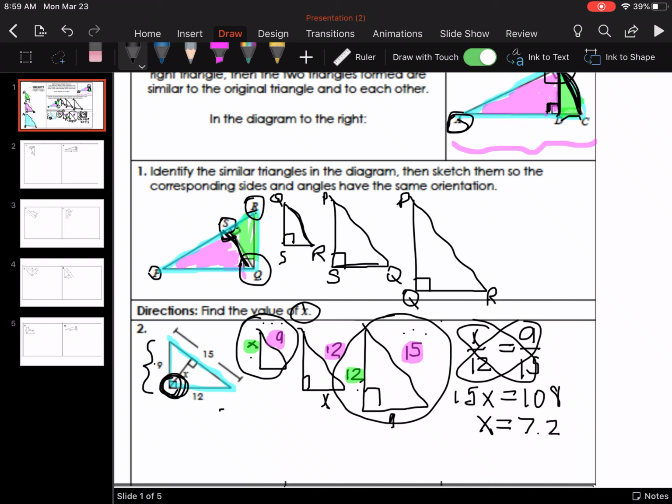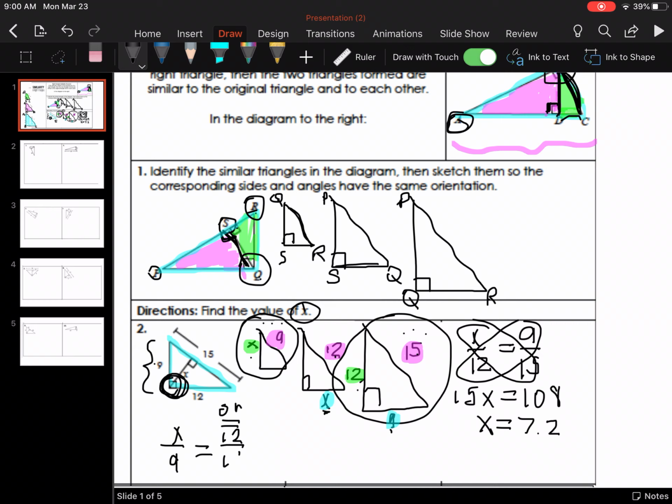Okay, I'm going to put an "or" here. I hope this doesn't confuse you, but I'm going to highlight here this x with this 9. And now you actually see that we have a different pair. We have the x in the blue corresponding to the 9 in the blue. And then we have the 12 in the pink corresponding to the 15.